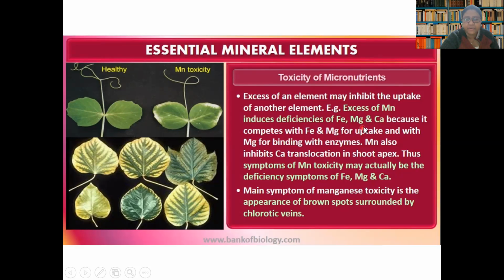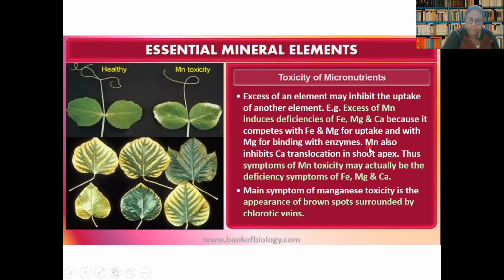Because these elements and manganese compete in their uptake. It means the plant can take them from the soil in a specific amount. So the ability of the plant to absorb these elements is fixed. So if it is taking up more manganese, then it has to compromise on the ability to take up iron, magnesium, and calcium.